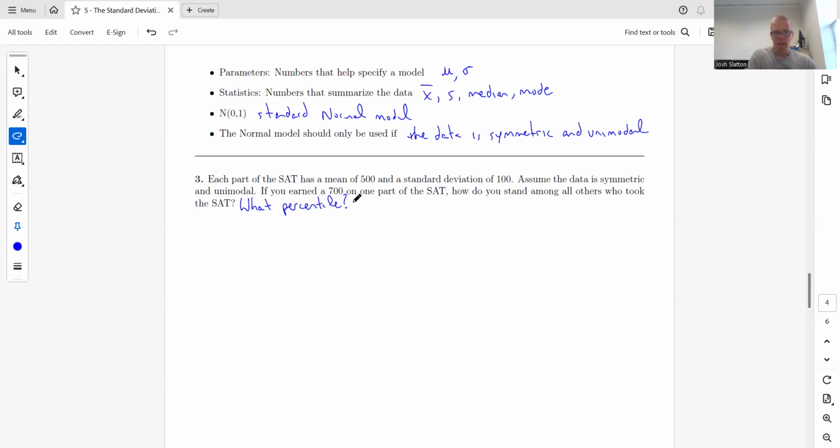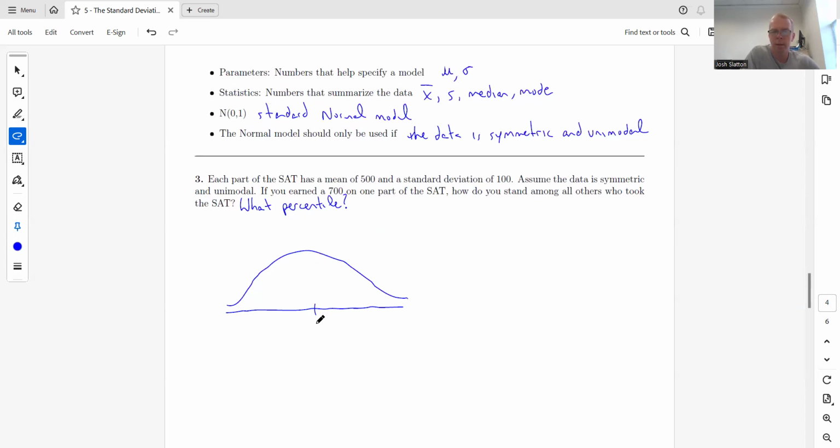So how'd you do? Now, the first thing you should always do when you're doing these problems with a normal distribution is draw a picture. So we're going to draw the normal curve, and we're going to label it appropriately.